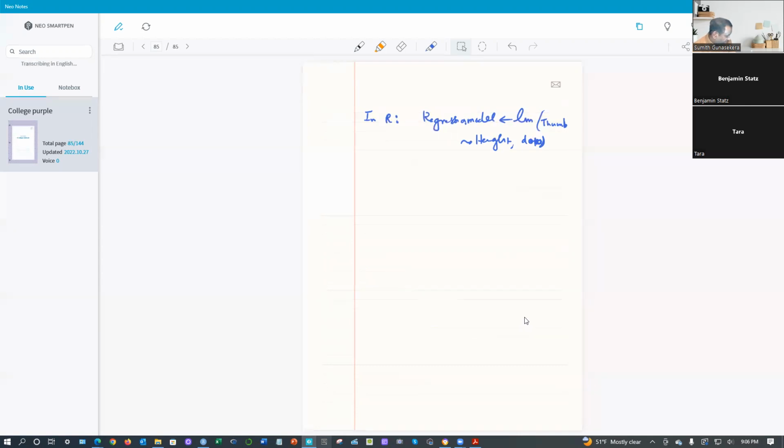Let's say, as an example, I call it the tiny fingers model. That regression model has lm, thumb, height, and data. Tiny fingers.